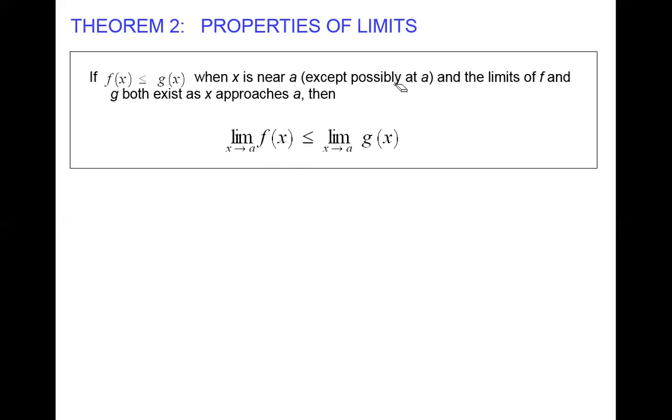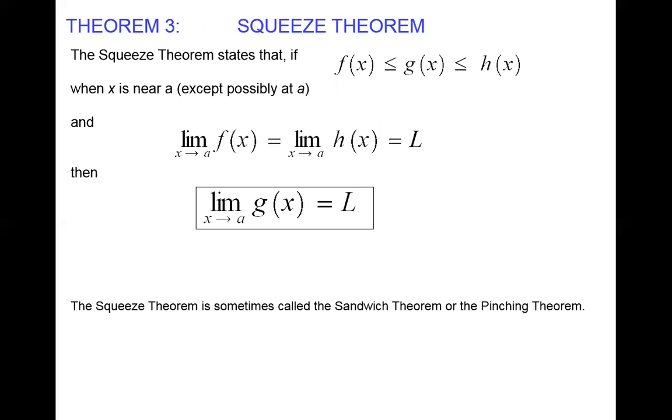So now let's add an additional thing. Let's take a relation between three functions, f, g, and h. That means f is the lowest one, g is in the middle, h is the highest. Now let's pretend that the limit of the lowest and the highest function is equal to L, it's the same.